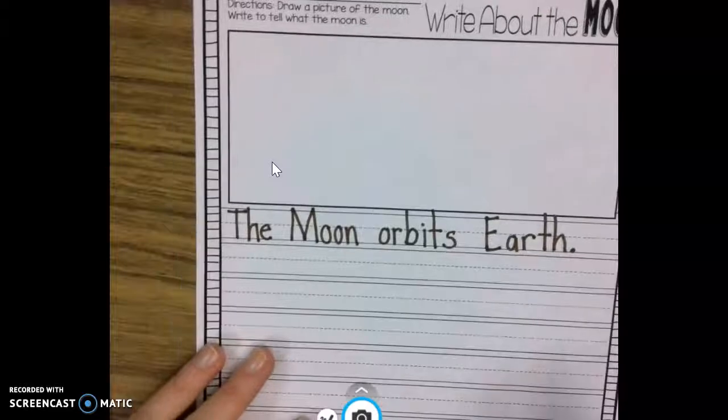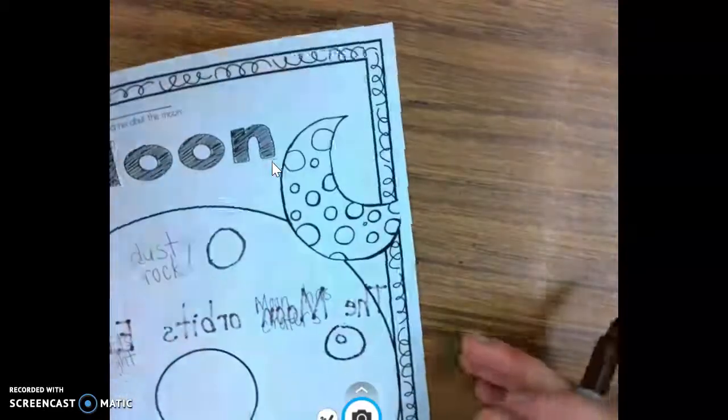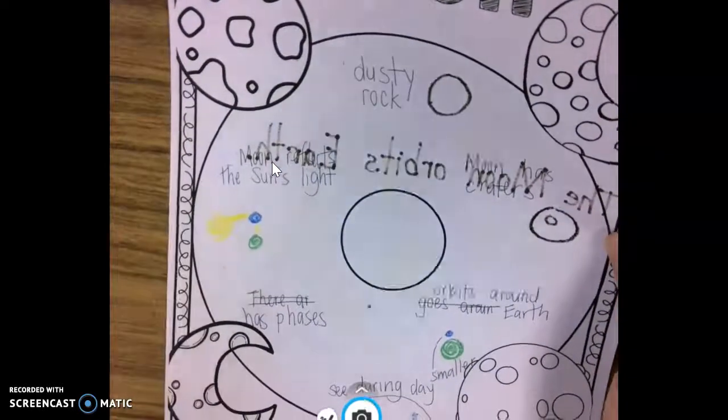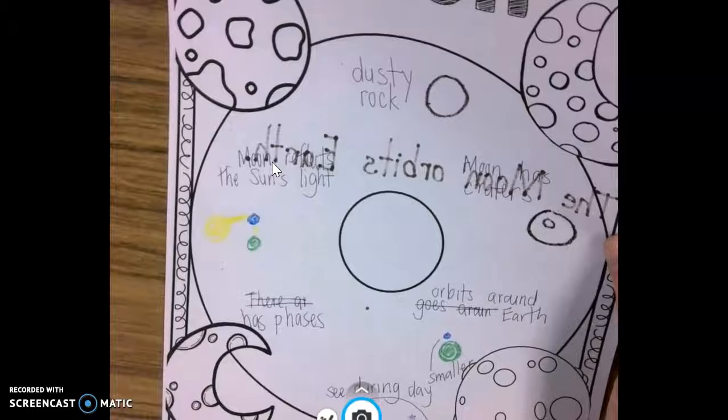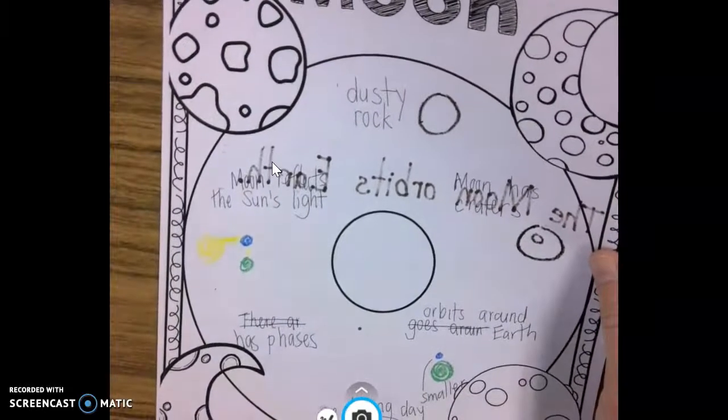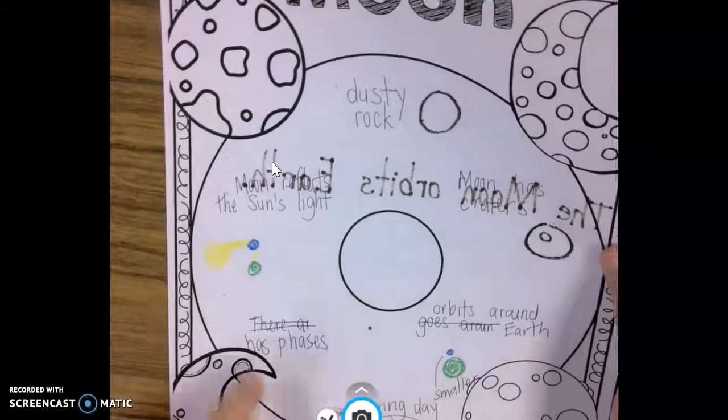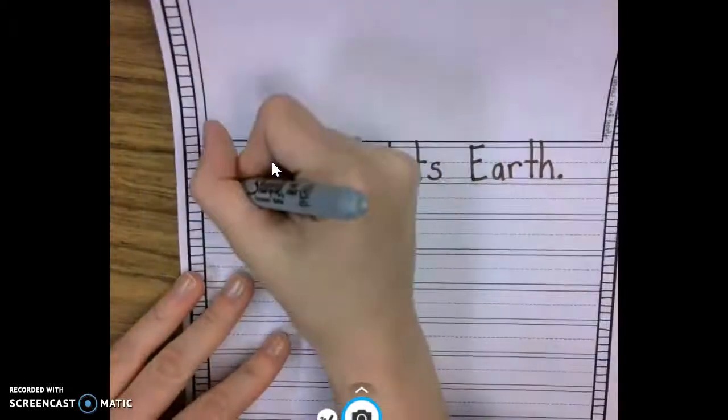Okay, if I go back here, another thing I could say is, you could say it's a dusty rock, it has phases. I'm going to talk about the moon and the sun.